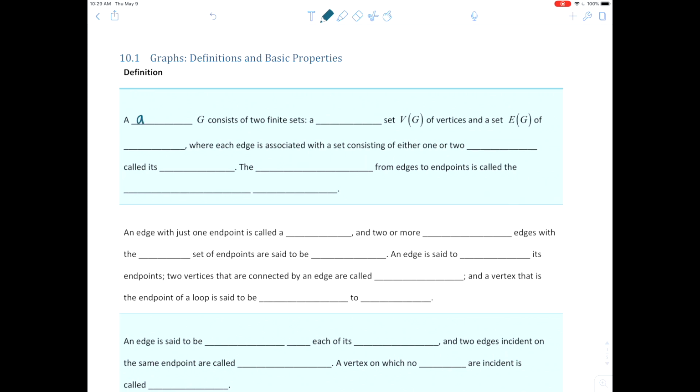Definition: a graph, G, consists of two finite sets, a non-empty set V of G of vertices and a set E of G of edges, where each edge is associated with a set consisting of either one or two vertices, called its endpoints.